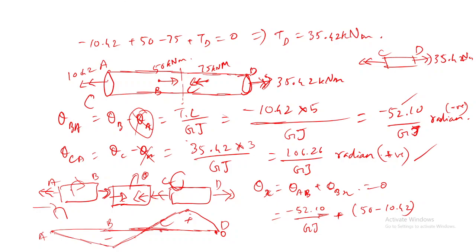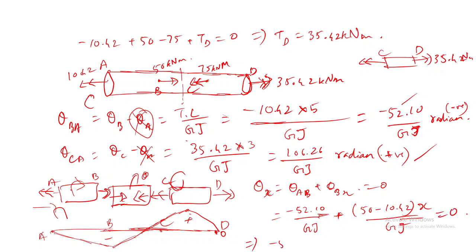Yes, because 50 is in this direction and 10.42 is in the other direction, multiplied by x. This x I have to find out, divided by GJ equals 0.